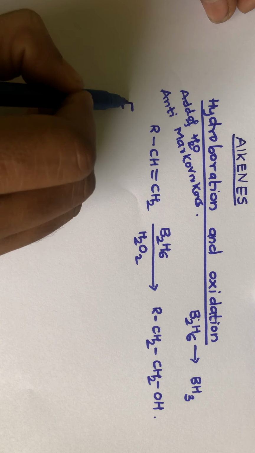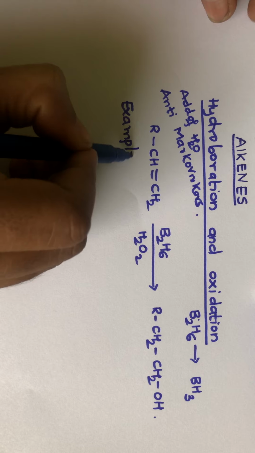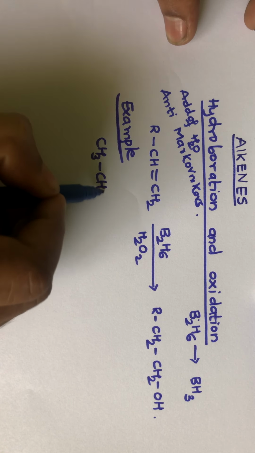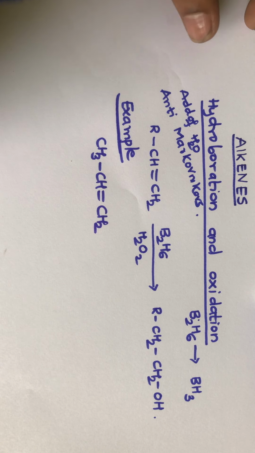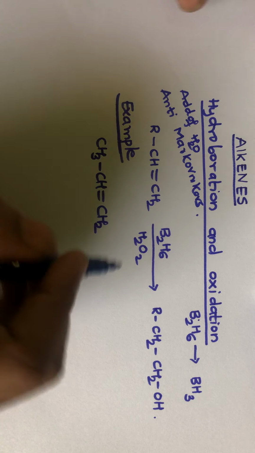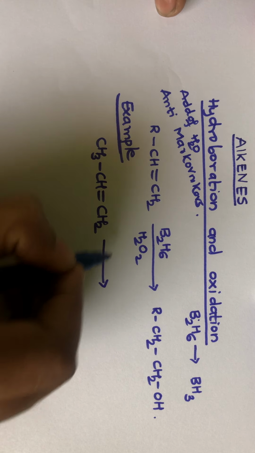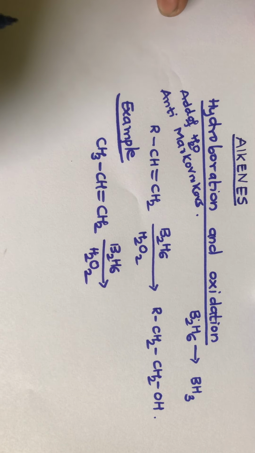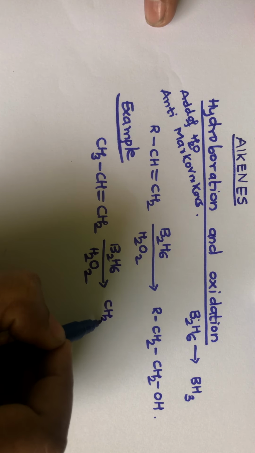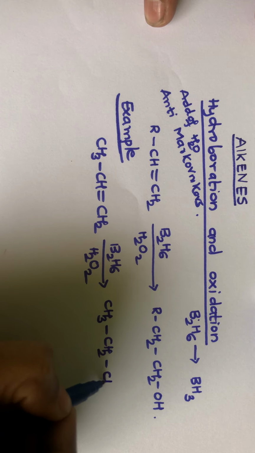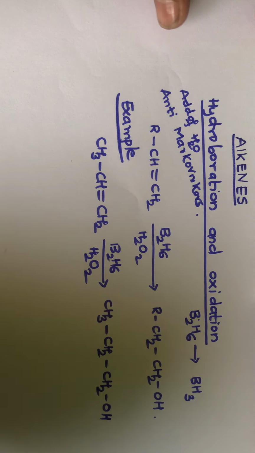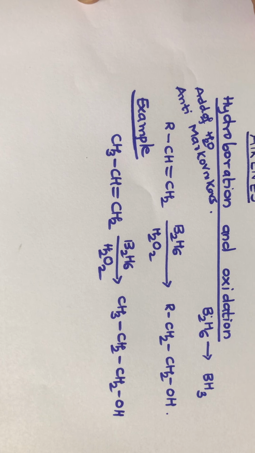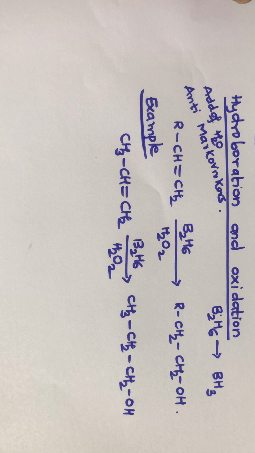We'll take this example and try to solve it. CH3CH double bond CH2. If we treat it with B2H6 followed by oxidation with H2O2, you get this product.